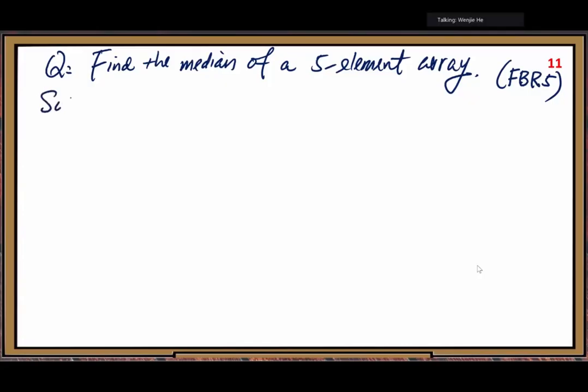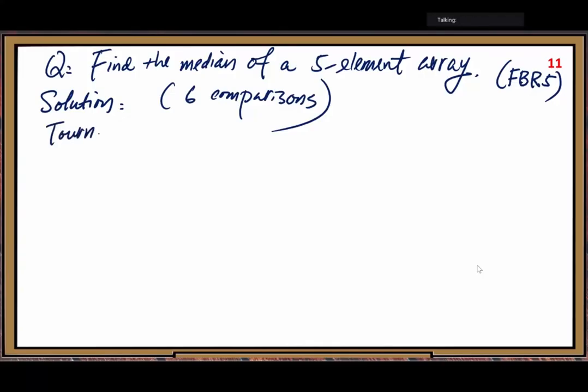Solution. Here we apply the tournament method. The goal is 6 comparisons. That's our goal. So we apply the tournament method, and we are familiar with this.